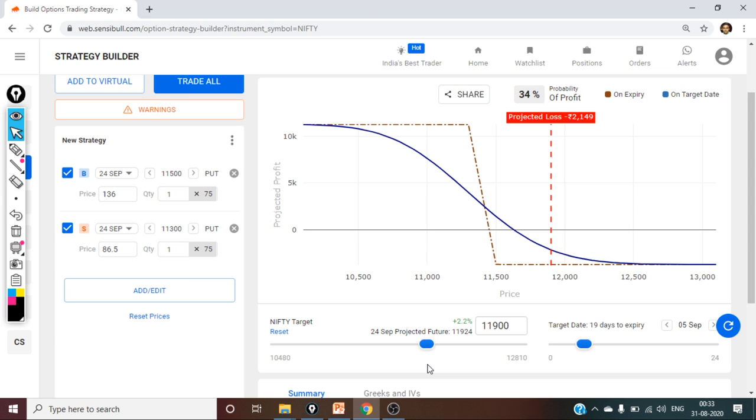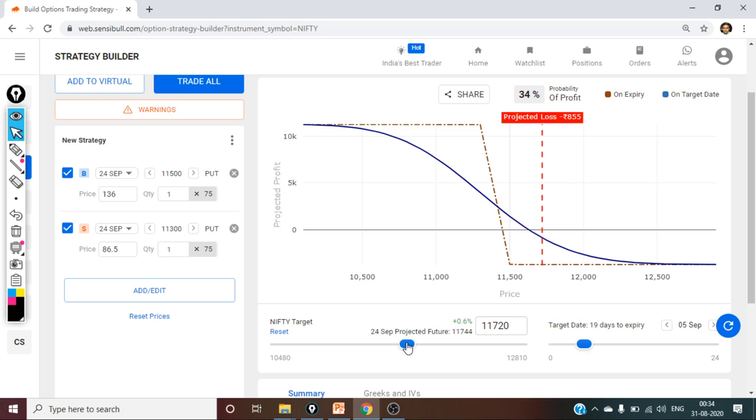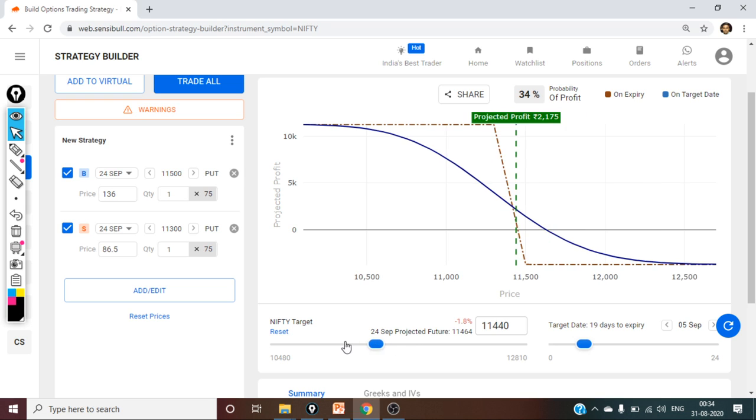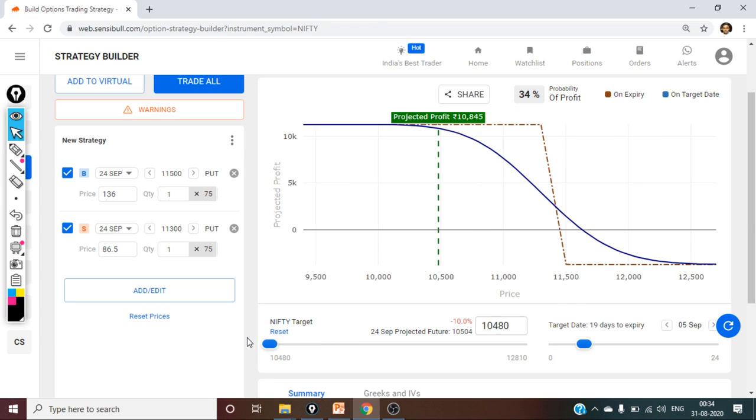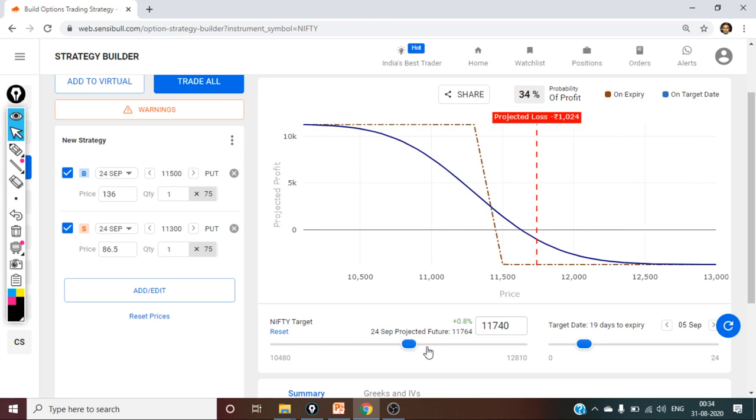To limit that upside risk from 10,000 to 3,700 rupees, you have to sacrifice something. What do we sacrifice? We sacrifice our unlimited profit potential on the downside, which now will be limited to near about 10,000 rupees.